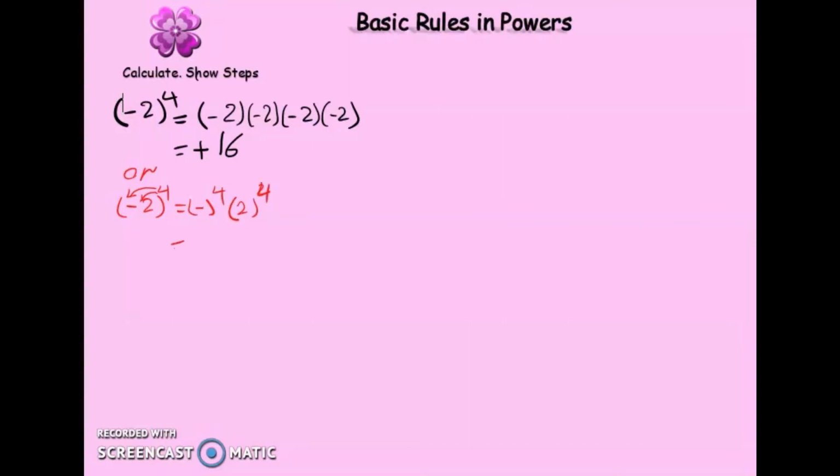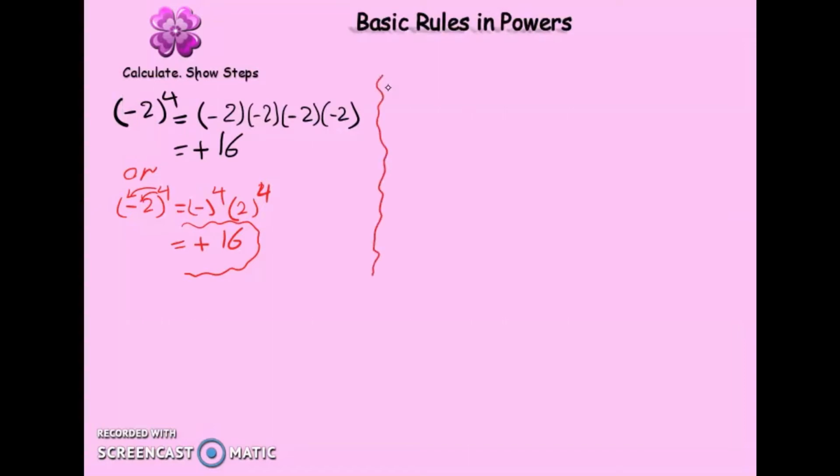So negative to the 4 means you multiply negative 4 times, and the final answer is positive. 2 to the 4 would be 16. Therefore, the final answer is this, and it's completely accepted. It doesn't matter whether you use method number 1 or method number 2, your teacher will accept it.